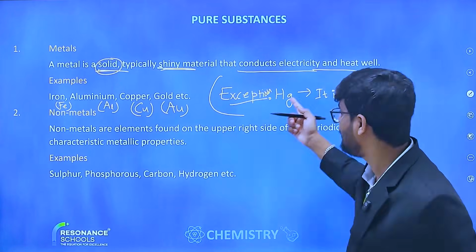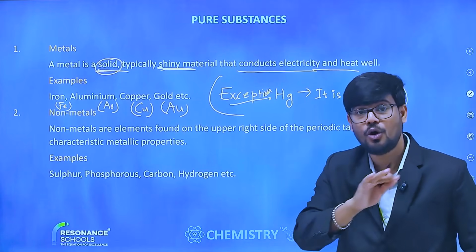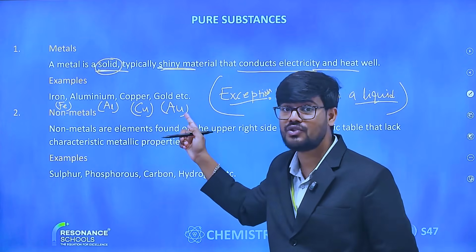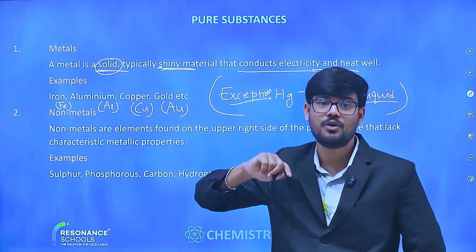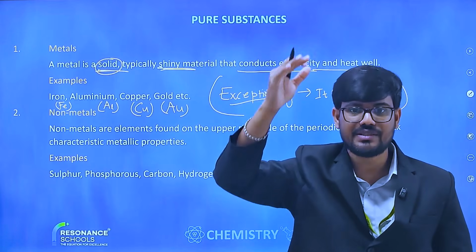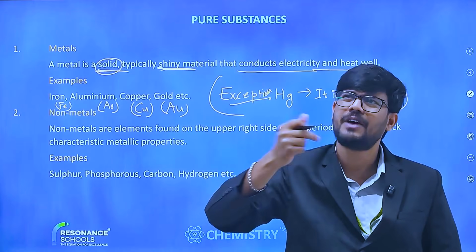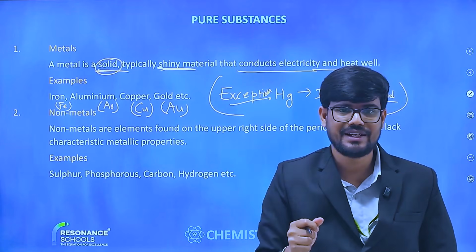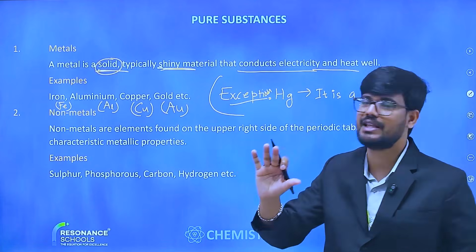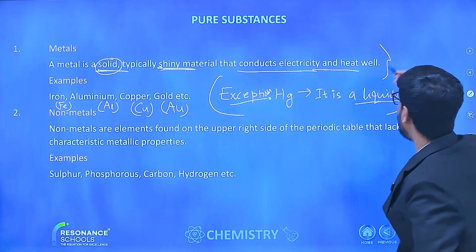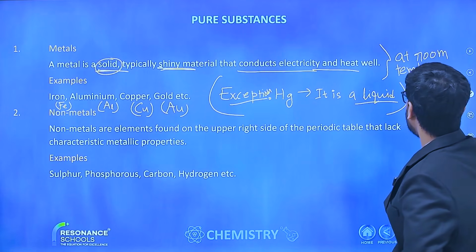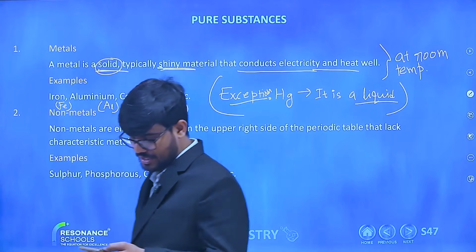All the metals, except mercury, are solid. If you are considering melted gold or melted iron, those are not at normal temperature. You have to supply a very high temperature, more than 500 or 600 degrees centigrade, to get that liquid form. So we are not considering that. Whatever properties we are saying are all at room temperature. Always think in that way.